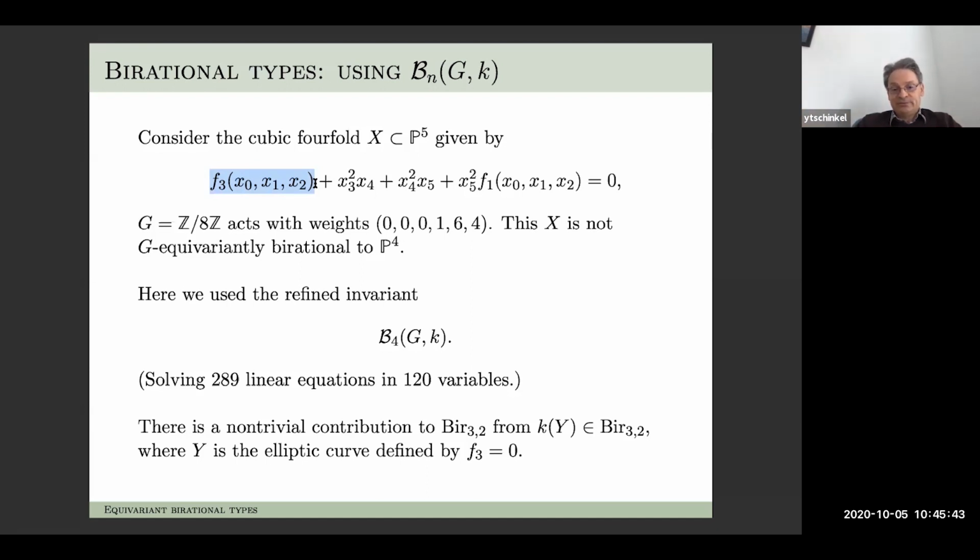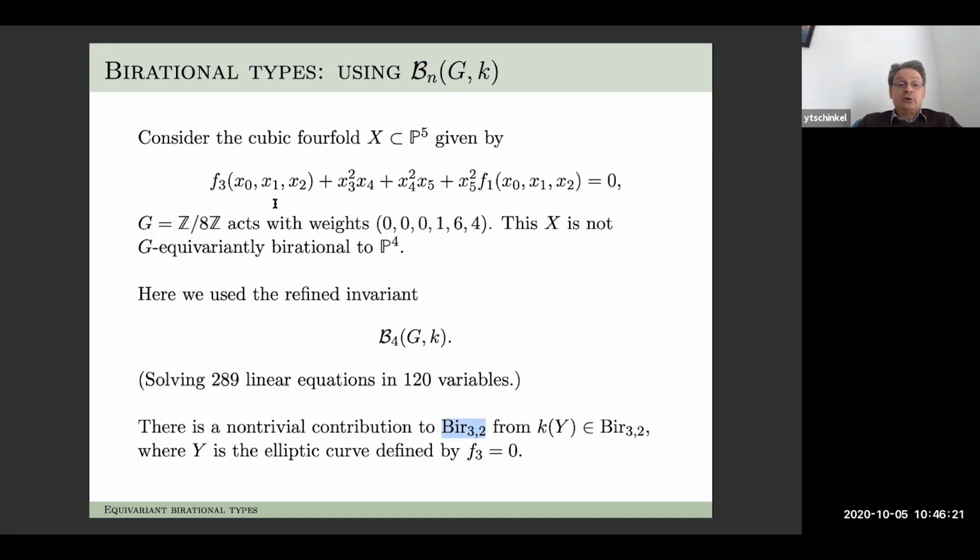So it happens to be one of the terms in the group B_n G K, but we need to check that the elliptic curve is coupled to a non-trivial element in the corresponding B group, and indeed it is, so that we get a non-trivial contribution to B_{3,2} from the function field of this elliptic curve in the fixed point locus on this fourfold.